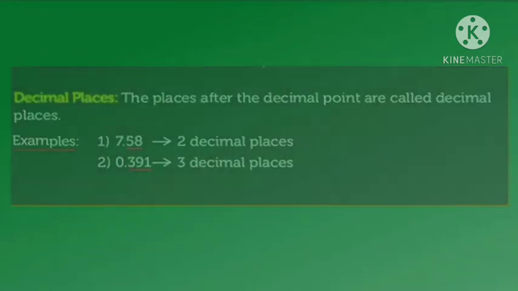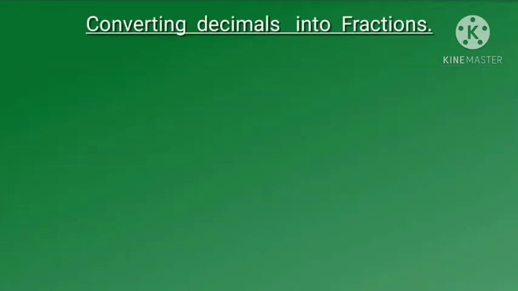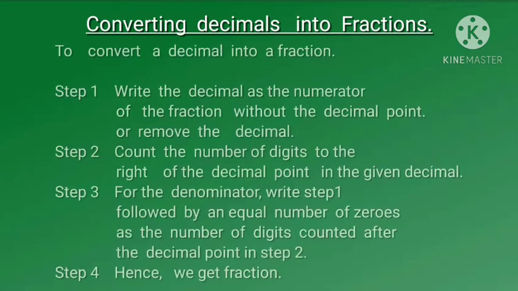Converting decimals into fractions. To convert a decimal into a fraction, Step 1. Write the decimal as the numerator of the fraction without the decimal point. That means remove the decimal. Step 2.